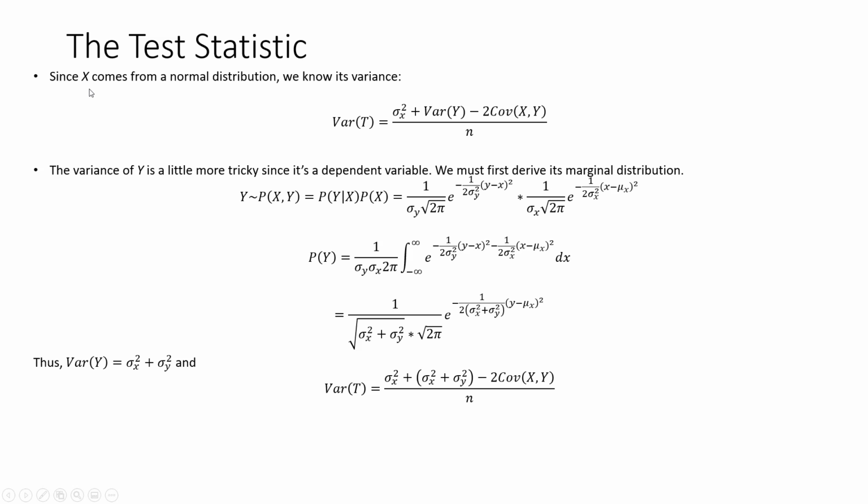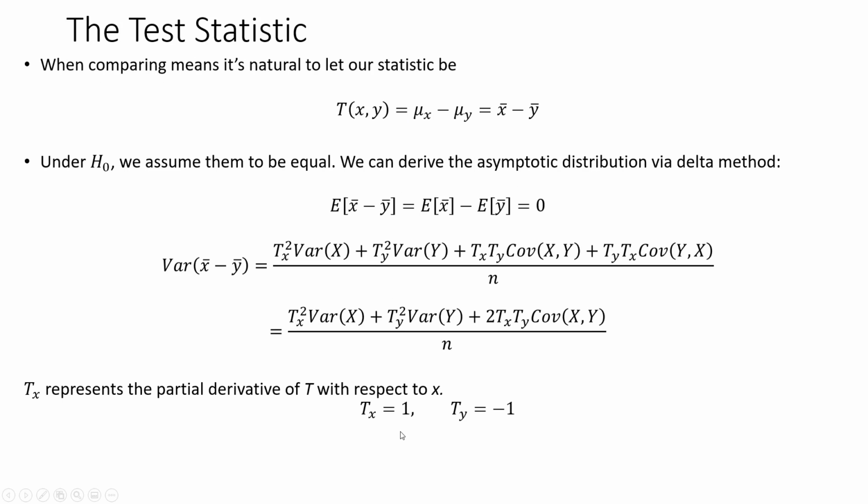So since x comes from a normal distribution, and it's our only non-dependent portion, we know the variance. The variance of a normal distribution is sigma squared, and so I have sigma x squared plus variance of y minus 2 times the covariance, whereas notice that the partial derivatives dropped because since this is 1 and this is -1, 1 squared is 1, -1 squared is 1, and 1 times -1 is -1.